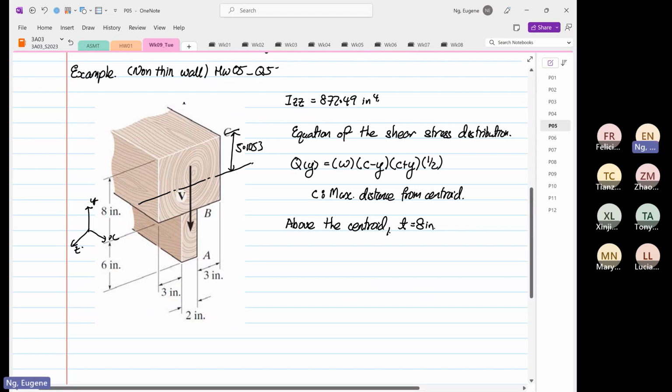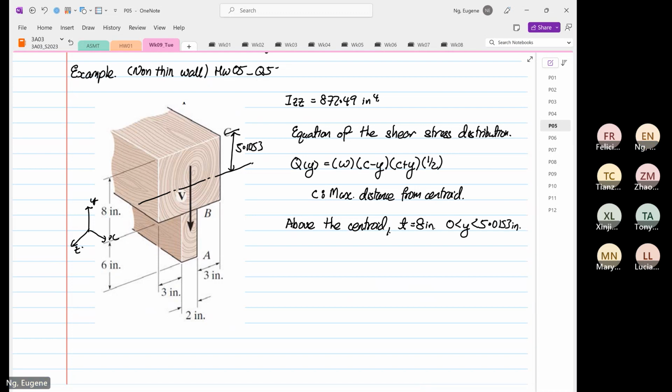And the limits are 0, y, and it goes up to 5.0153 inches. That is the part we're going to do. The limits are controlled by the thickness.